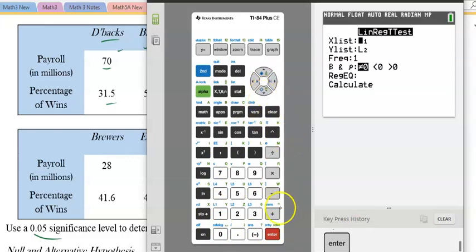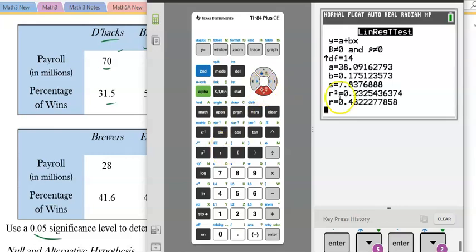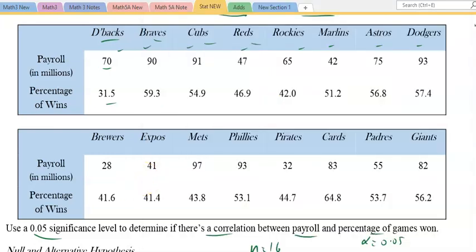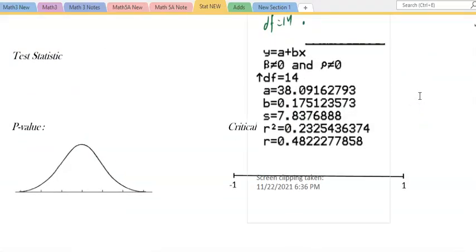Linear regression. Correct, correct, correct. And calculate. Remember, we're going to scroll down just a bit. There it is. That's what we need. So I'm going to scroll down and copy this data. Here we are. And shrink that a bit.